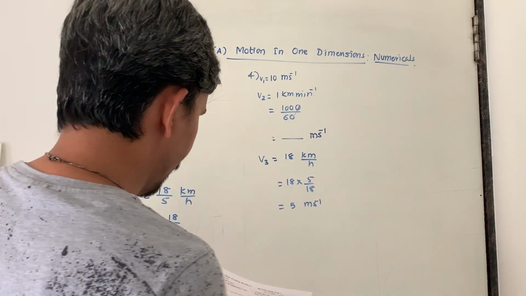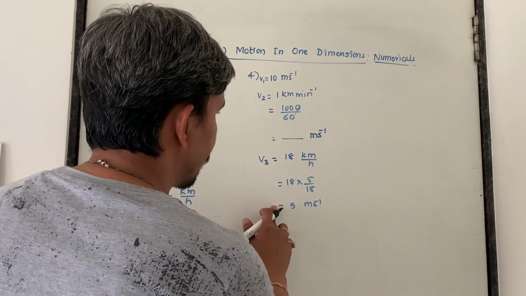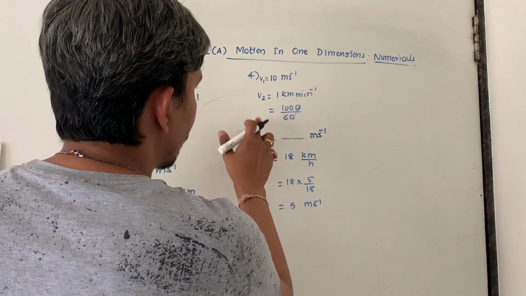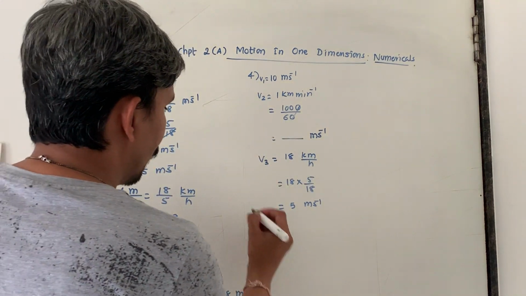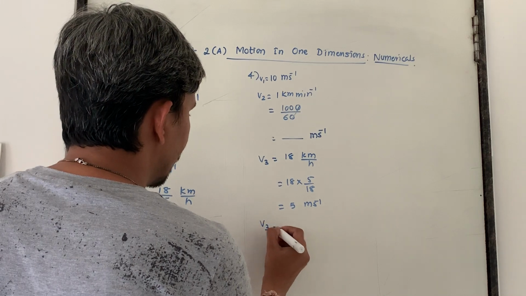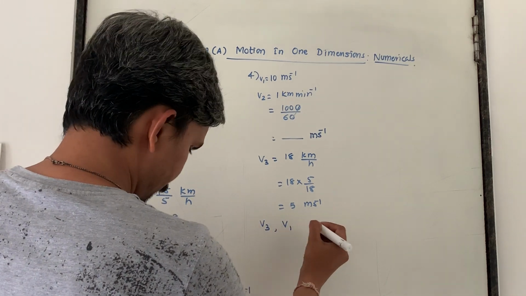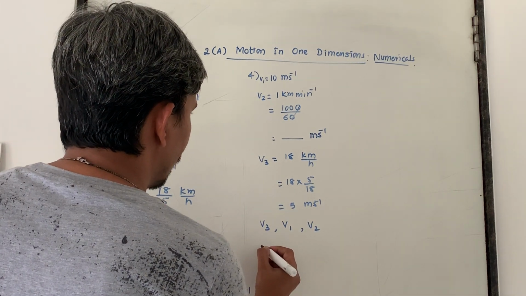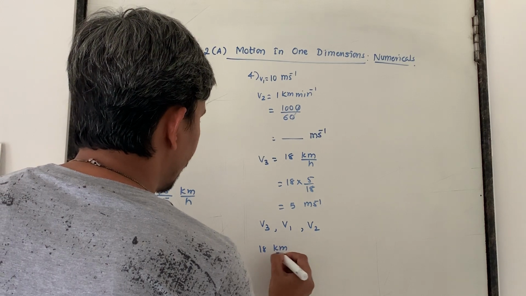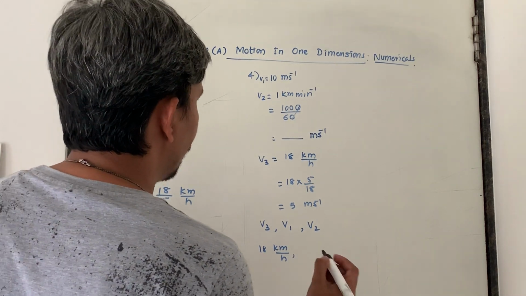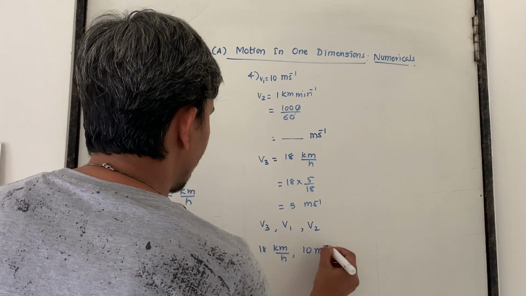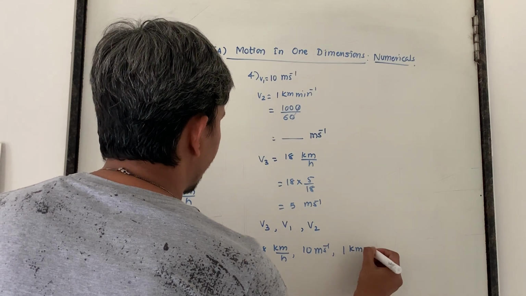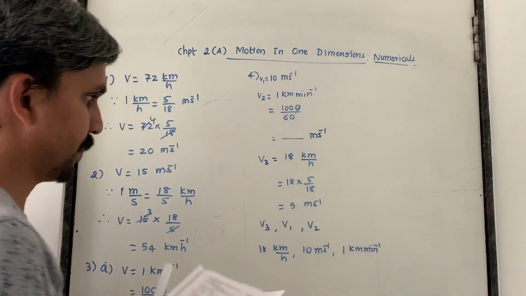So the order will be first V3, then V1, and next V2. Therefore, first will be 18 kilometer per hour, second will be V1, that is 10 meter per second, and third will be 1 kilometer per minute, right? This is the fourth one, right?